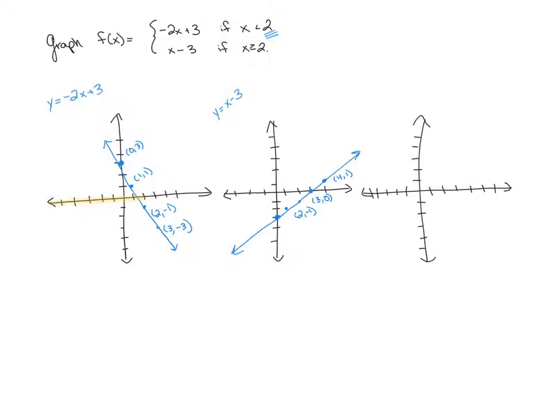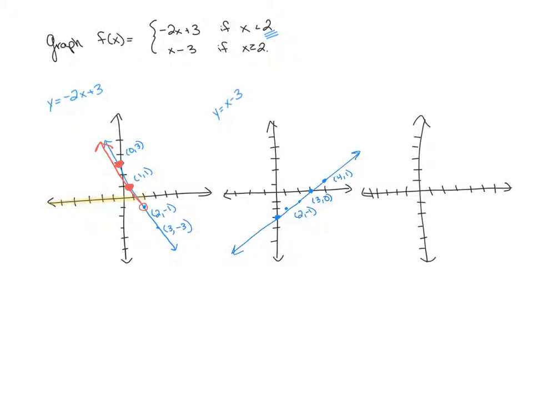So that means I want this portion of the graph that's less than the 2. I put an open circle at (2, -1), and then I want the entire graph to the left of that. So that's everything that you see in red here.